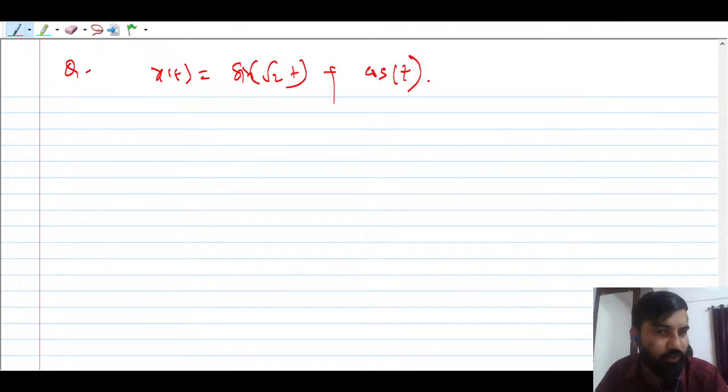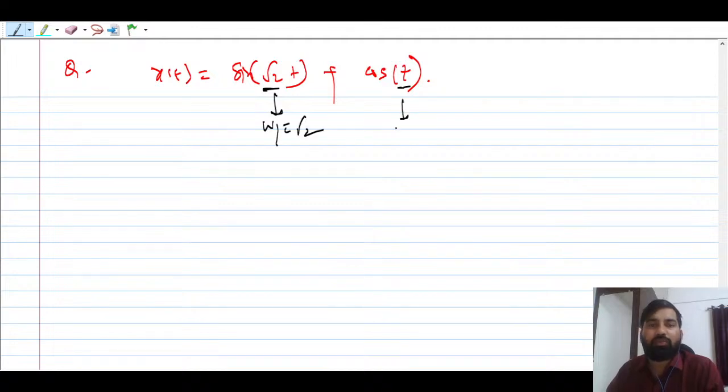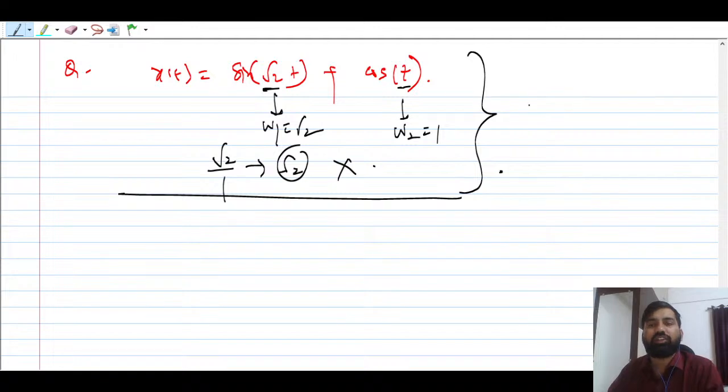You don't need to find anything; it is not periodic, because the frequency is irrational. √2 is irrational. If you take the ratio, ω1 is √2 and ω2 is 1, so the ratio √2/1 is √2 only, and this is not rational. So we call it aperiodic.